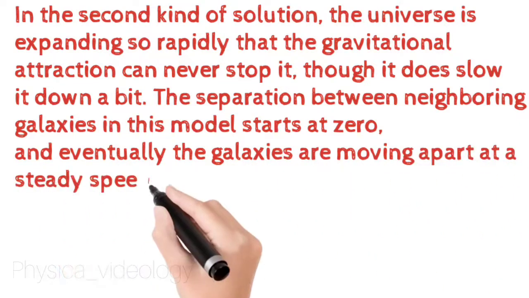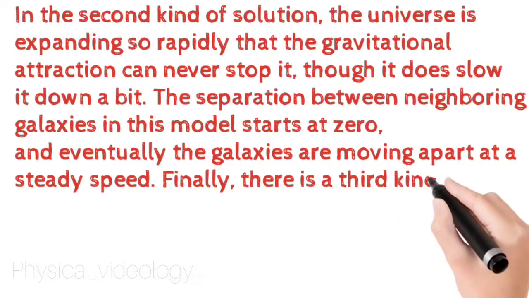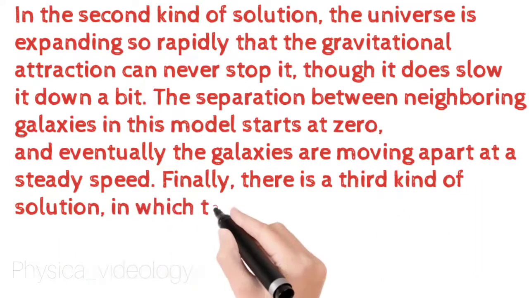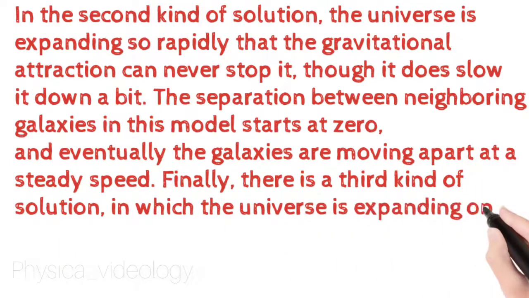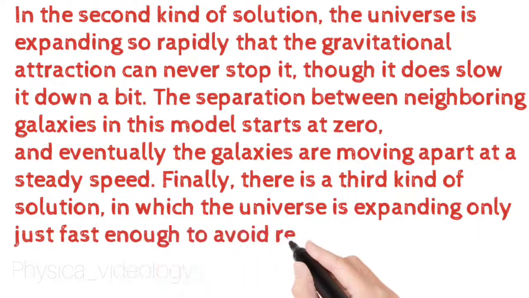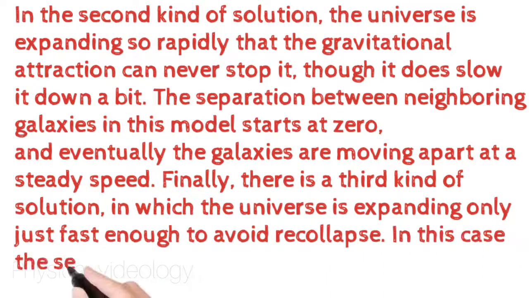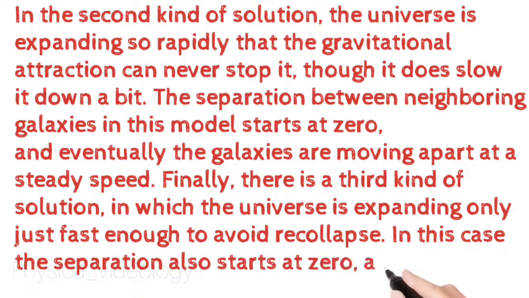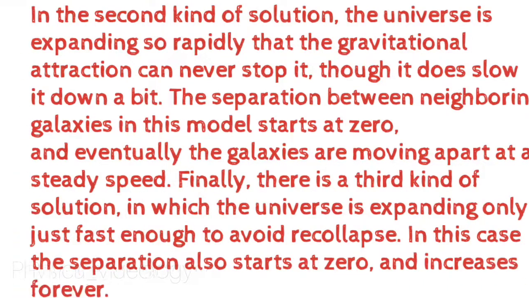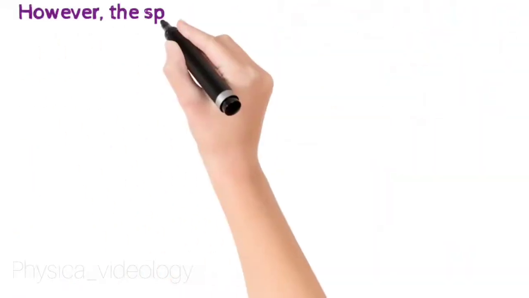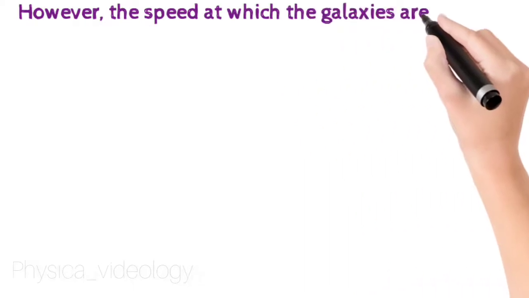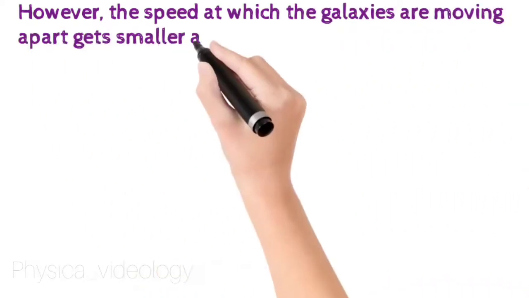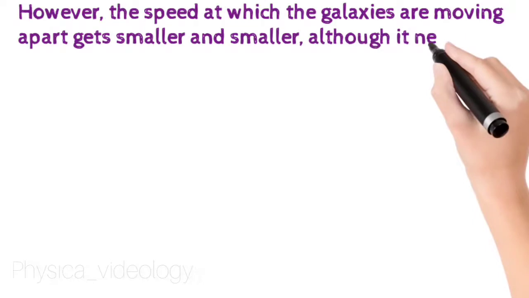Finally, there is a third kind of solution, in which the universe is expanding only just fast enough to avoid recollapse. In this case, the separation also starts at zero, and increases forever. However, the speed at which the galaxies are moving apart gets smaller and smaller, although it never quite reaches zero.